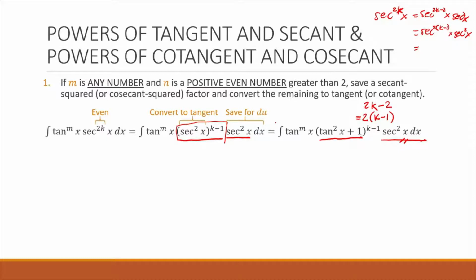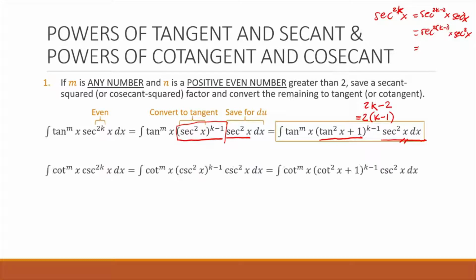So this is now our working expression for tangent and secant. The same technique can be applied for cotangent and cosecant. So same lang.